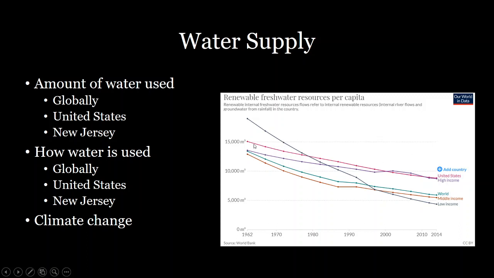And you can see here that the United States has been pumping a lot of its groundwater and using a lot of its river supply, and so there's less water available. And that trend is significantly more as you go to lower and lower income levels for different countries, where you see the lowest income level countries have had rapidly decreasing freshwater resources.